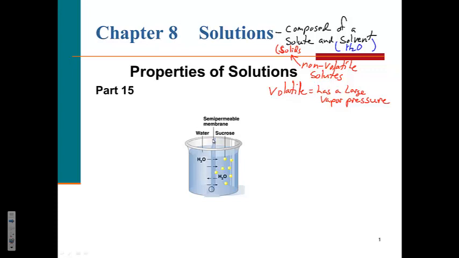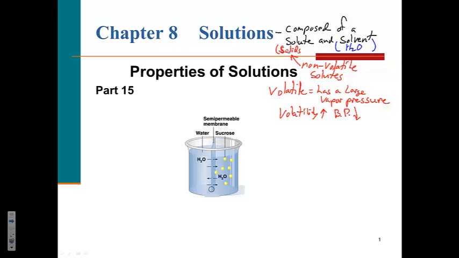If you remember, we defined boiling point as the temperature at which the vapor pressure equals atmospheric pressure, and the more volatile a substance is, the easier it is to evaporate or to boil, so it has a lower boiling point. So as volatility increases, the boiling point will decrease. It takes less pressure or lower temperature to get it to boil.